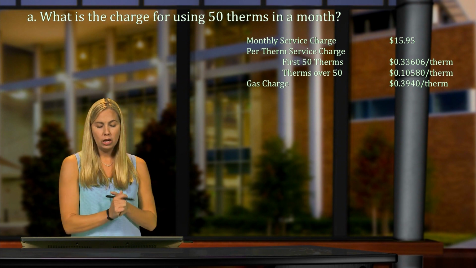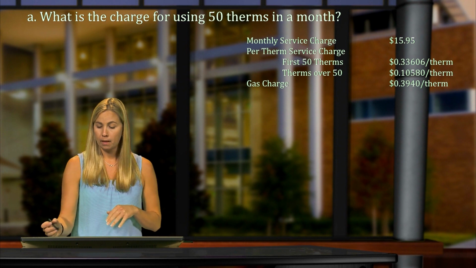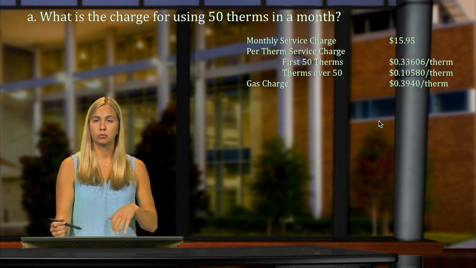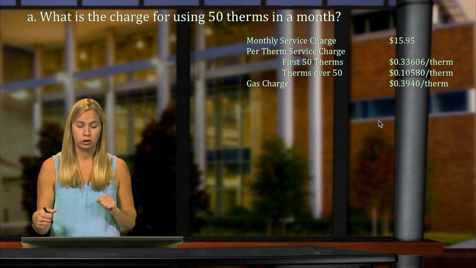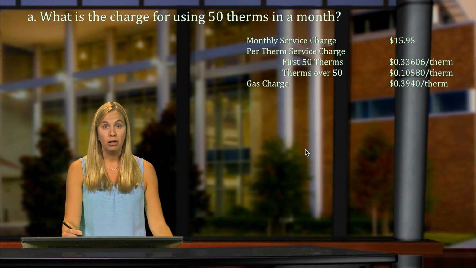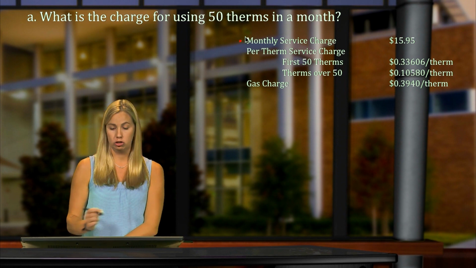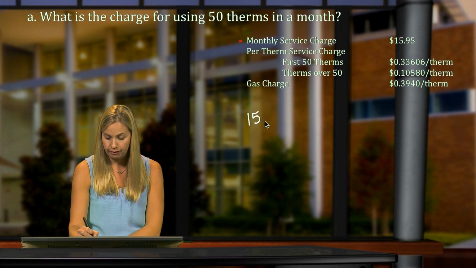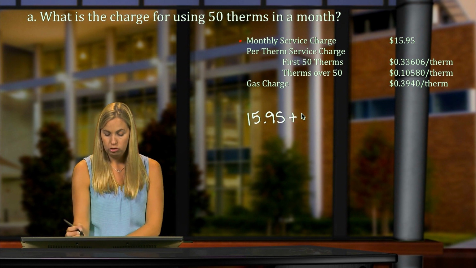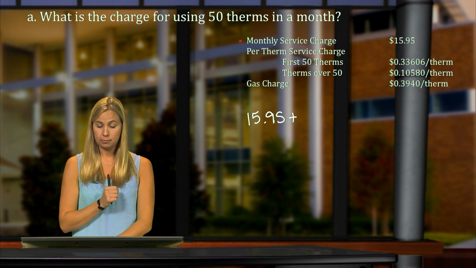So I want to know, what is the charge for using 50 therms in 1 month? This is just relaying that same rate schedule that we had on the first page. We have to think about what goes into our bill every month. Well, we know we're going to have our monthly service charge, so we've got $15.95 just for having them provide service.